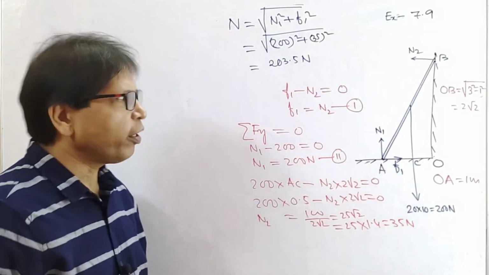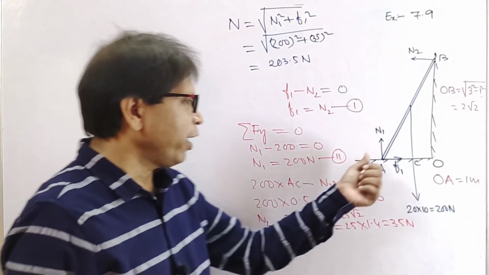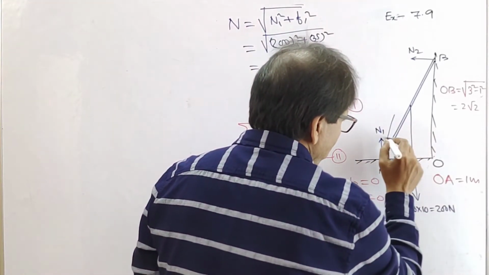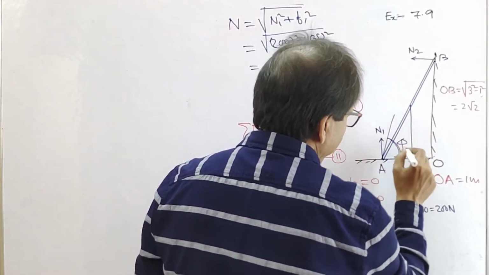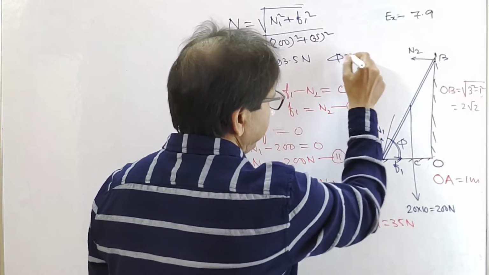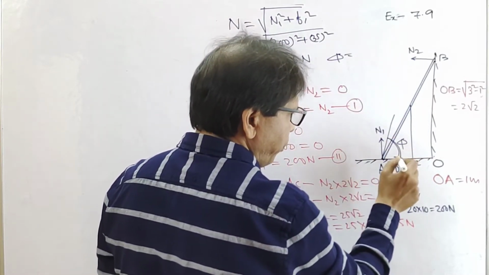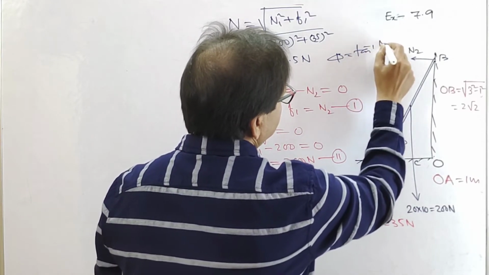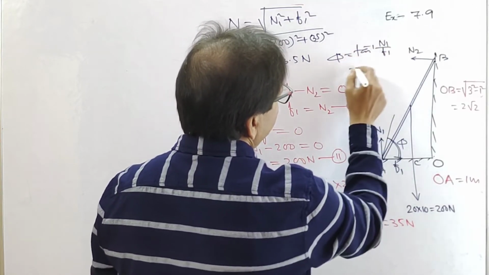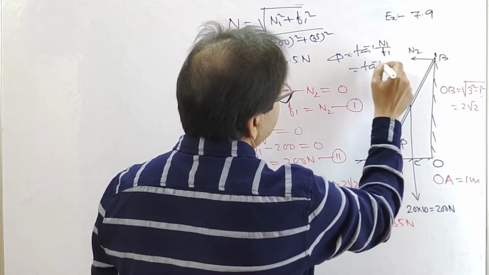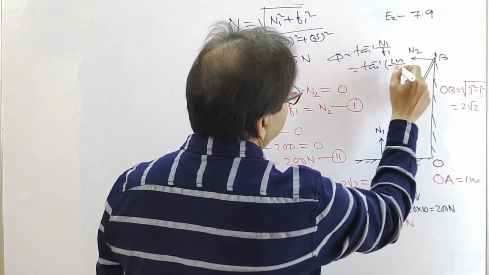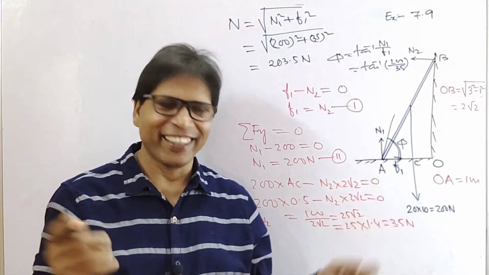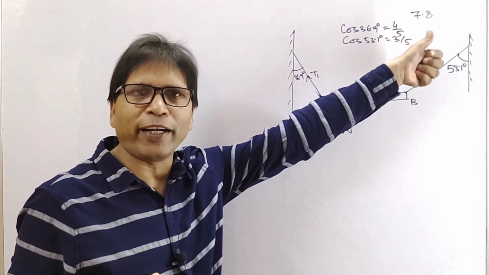Now the angle made by the reaction force with the ground is angle phi. So phi is the angle made by F1, that is tan inverse of N1 by F1, so tan inverse of 200 divided by 35. Okay, understood? Next.